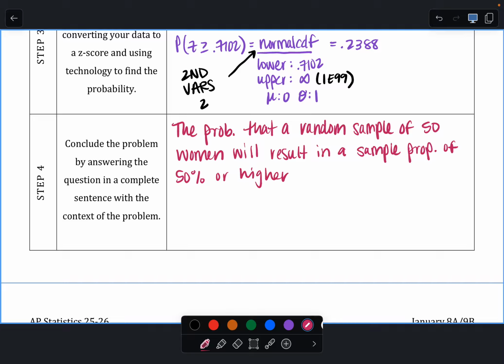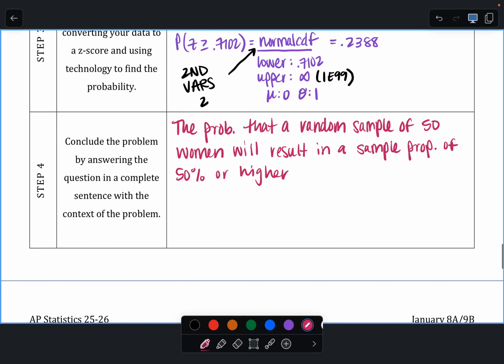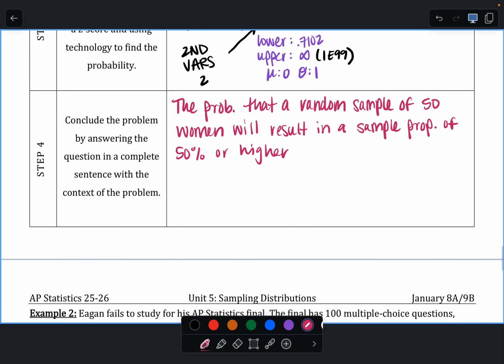And I still like to give it some context. So reading this sentence doesn't necessarily tell me anything about what I'm actually investigating. So I'm going to say who get less than 7 hours of sleep.